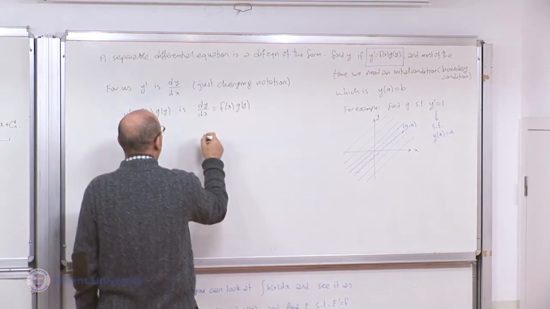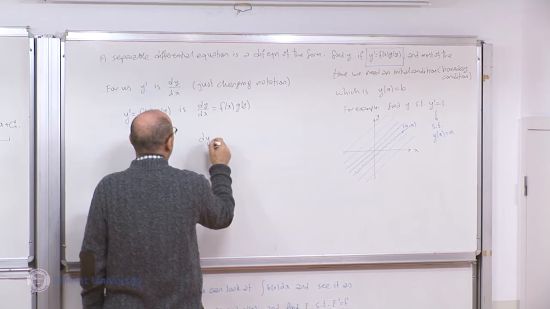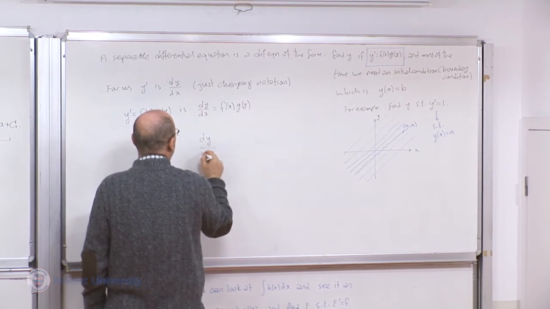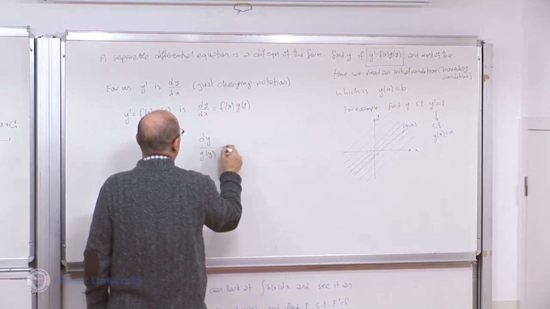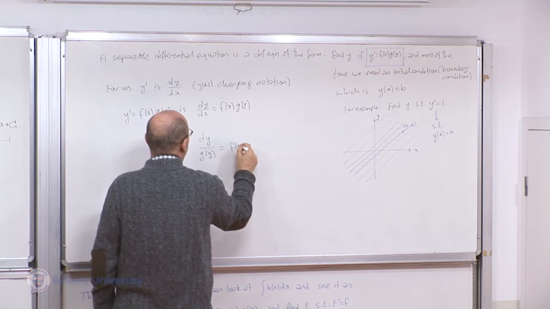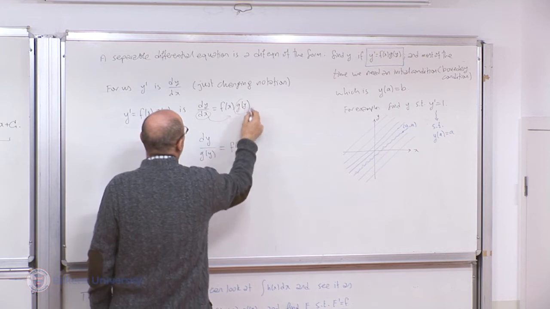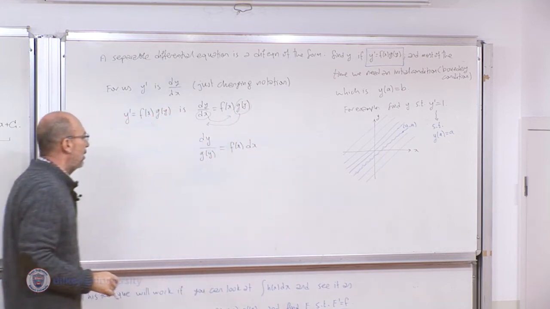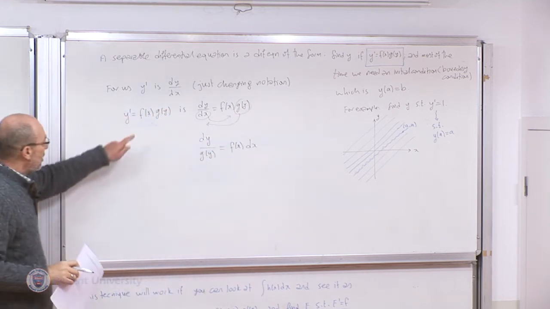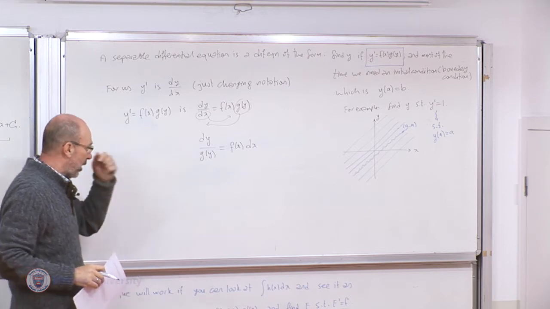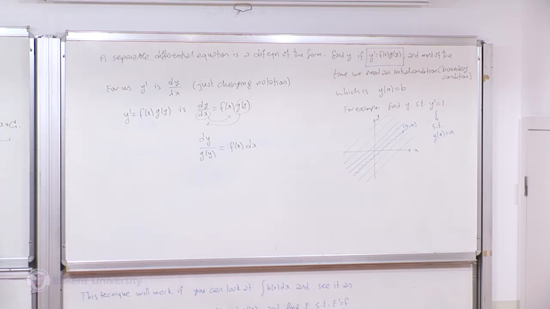Without showing anybody, just write this one. Take this to this side, 1 over g of y dy, and this is equal to f of x dx. So I take this to this side and I take this to this side. Instead of looking at this equation, I look at this equation, and suddenly it looks familiar.